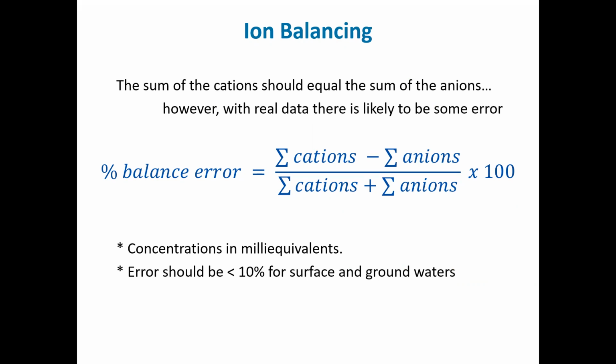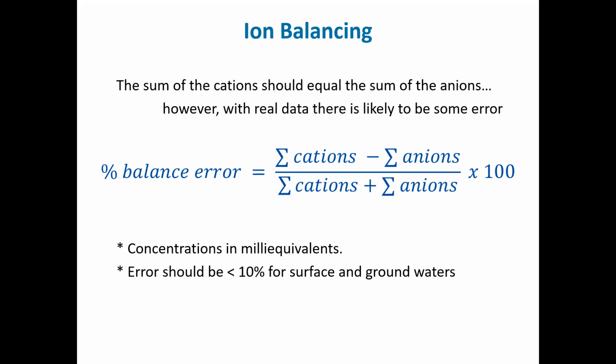For example, iron is a positively charged ion, and maybe the analysis didn't include iron, and maybe there's enough iron to make the cations not balance with the anions. Sometimes there's something else in the water that actually reacts with the test, whether it's pH or sediments and silt and things like that. And sometimes these tests can be relatively finicky.